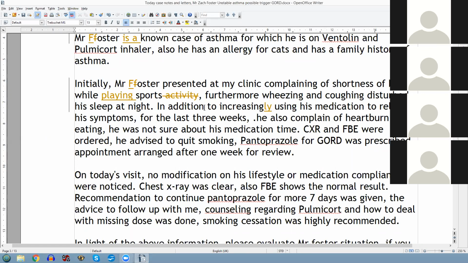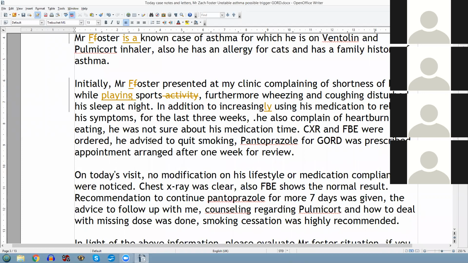And in addition to what? Increasingly using his medication is in addition to his symptoms. It's not so clear what this is in addition to. In addition to increasingly using, or increasing his usage of medication to relieve his symptoms.